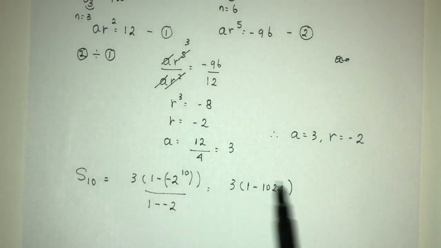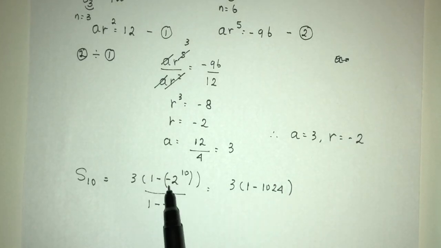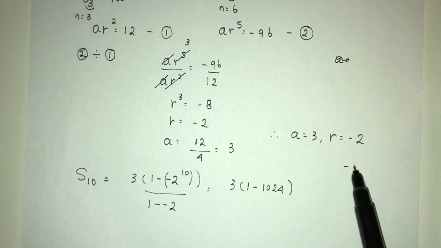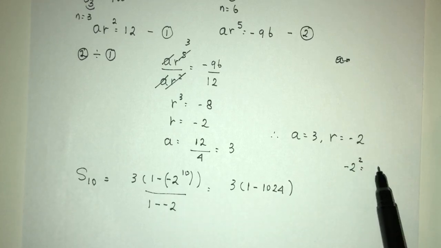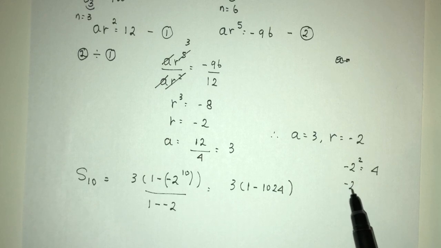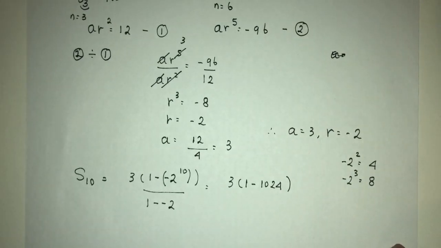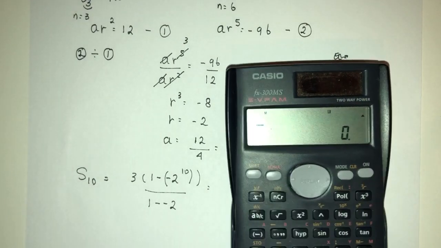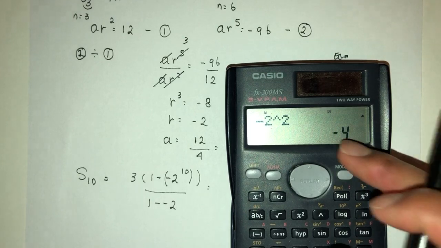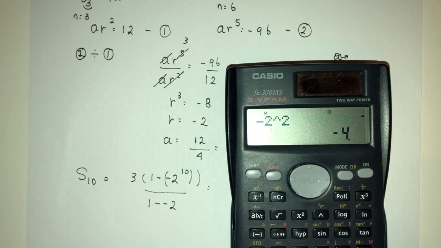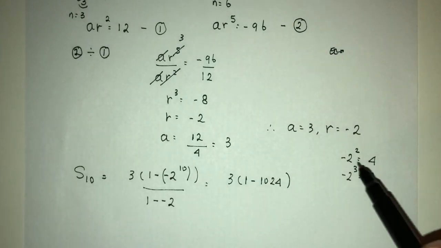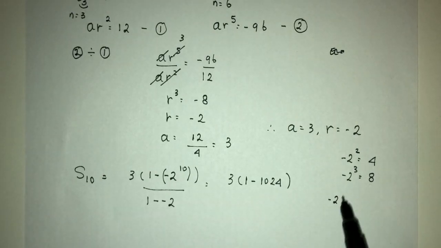The reason why it becomes positive inside is because of the power. When you have minus 2 power 2, it will be 4. When you have minus 2 power 3, it will be minus 8. Now if you observe, it can be confusing on the calculator. If you do this, minus 2 power 2, it will give you minus 4, but this is not true, because what is minus 2 power 2?